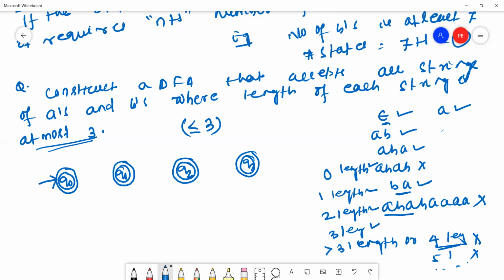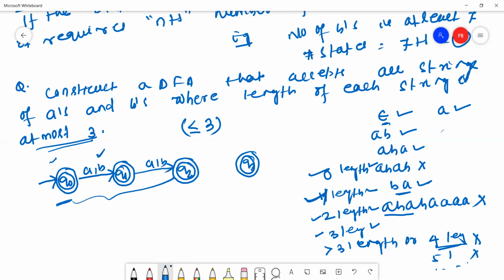Okay, the first condition is the zero length string. Next one is the one length string. One length string is also accepted, means a comma b. Next one is called two length string. Two length string means here a comma b, any combination. It is the combination of two length string.